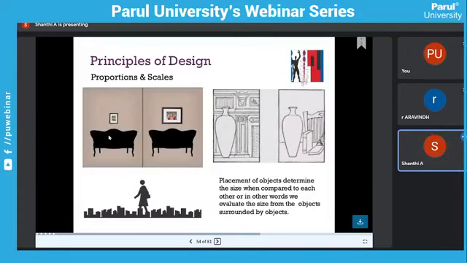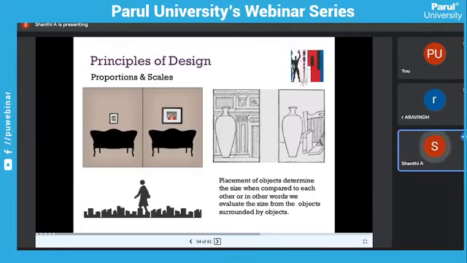See here, proportion and scale give us a different feel. Somebody is walking over the buildings here, so this is smaller. This is a chair, and when compared to the chair, this is okay, but when compared to a building, this is a very large thing placed here.